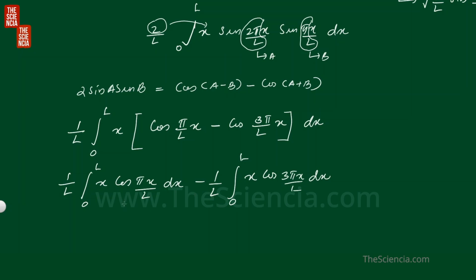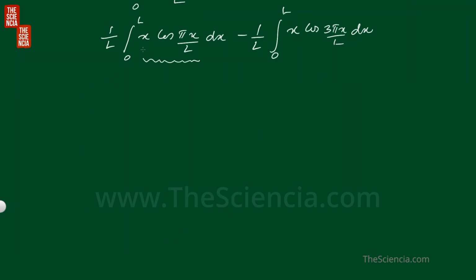Here I already told you a trick to solve this kind of integral. Are you remembering? What is the trick? See, here x is there, I am writing x here, and another term is cos(πx/L). Now I am going to take the derivative of this x term.